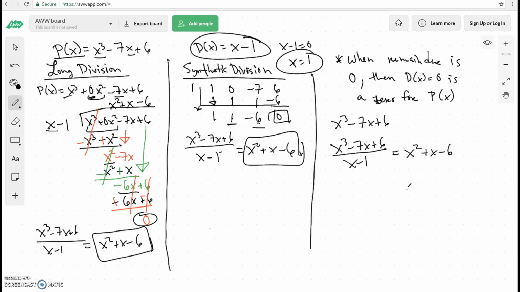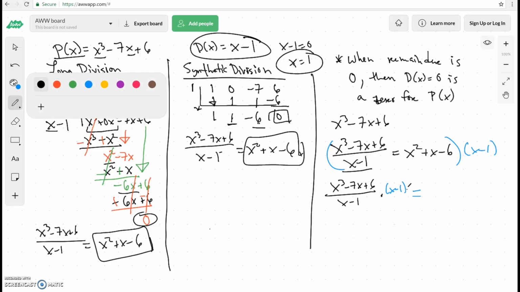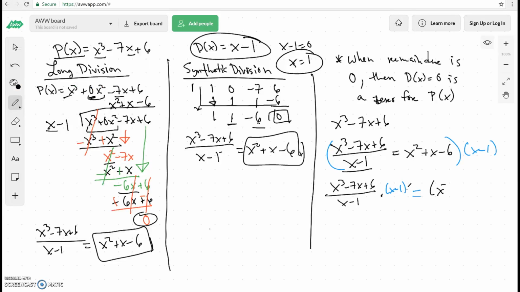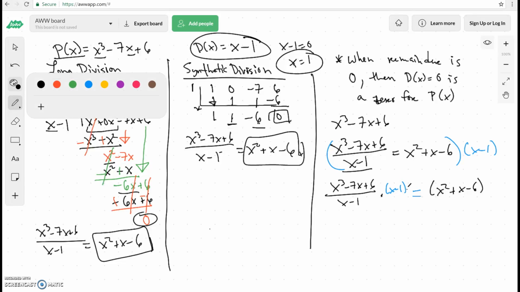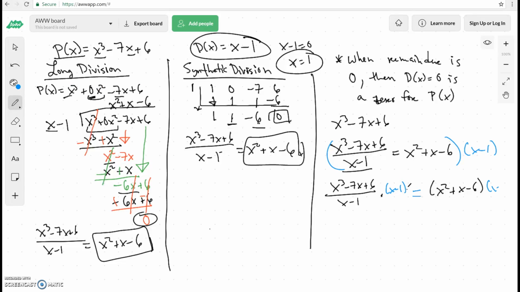what I can do is multiply this x minus 1 to the other side. So I'm going to multiply both sides, or everything, by x minus 1. Okay, so I'm going to have x cubed minus 7x plus 6 over x minus 1, and I'm going to multiply this by x minus 1, equals this x squared plus x minus 6, and then this is also going to be times x minus 1.